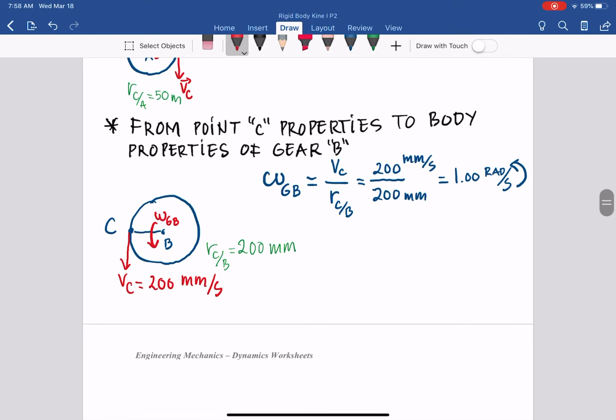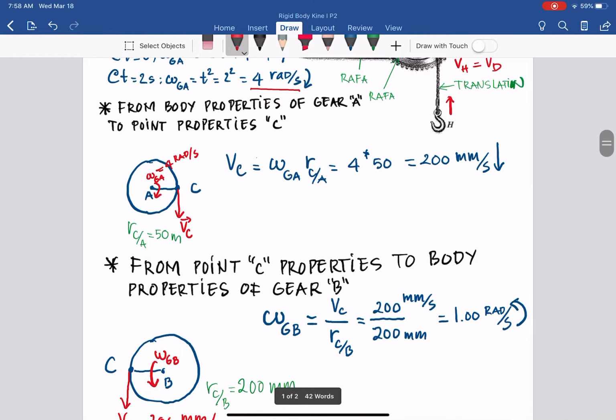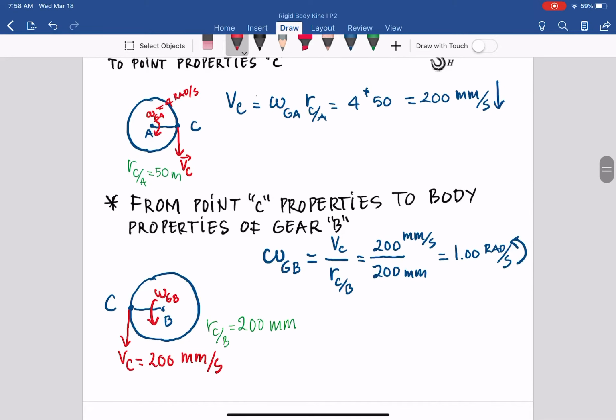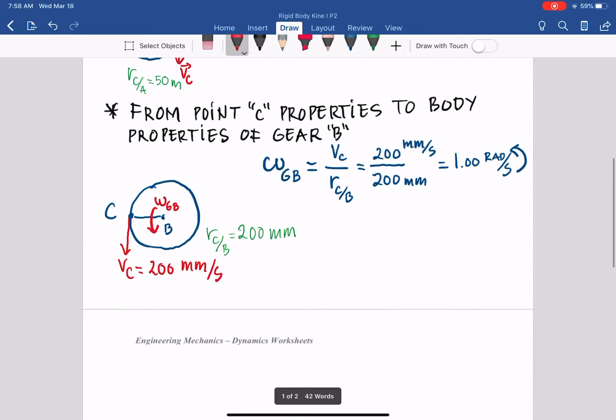As you can see, first step from body properties of gear A to point properties, common point C. Then when you find the properties for common point C, move on to the body properties of the next body, gear B. Now you already have the body properties.